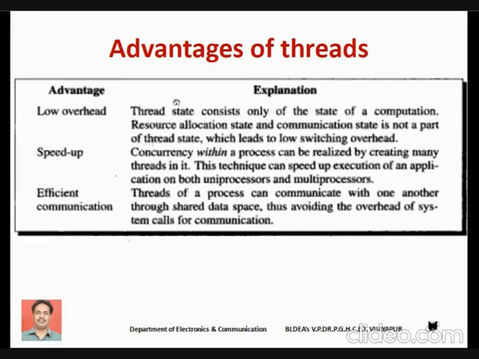This technique helps us to speed up the execution of the application on both uniprocessors and multiprocessors. Uniprocessors means you have a single CPU, and multiprocessors means you have multiple CPUs. In both cases, threads help us in improving the execution speed of the application.